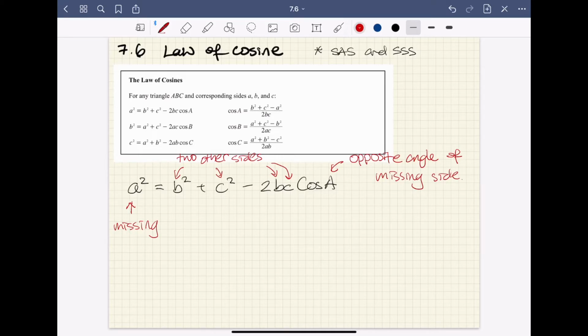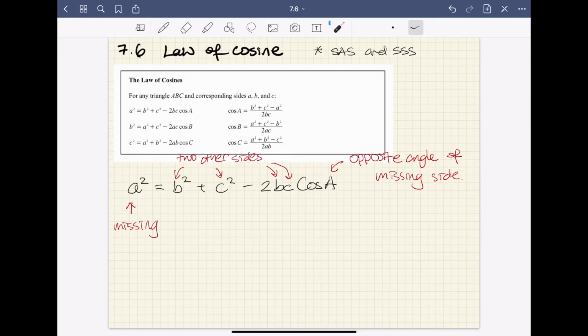Let's see if it's the same for the other two formulas. So for this formula, we can see the missing side we want to find is b. And so we would have the sum of the squares of the two other sides. So this is b, and a squared and c squared are the squares of the two other sides.